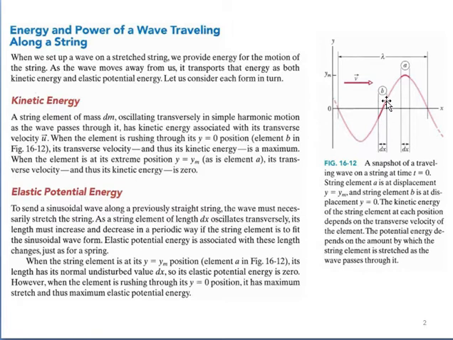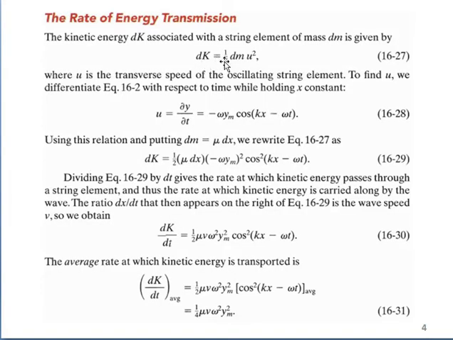The energy associated with this element is dk, and this dk is half dm into u square, because the transverse velocity of this element is u. As we know that kinetic energy is half mv square, for this particular element we will have half dm u square, where u is the transverse speed of the oscillating string element, and this u is actually the derivative of the displacement y.